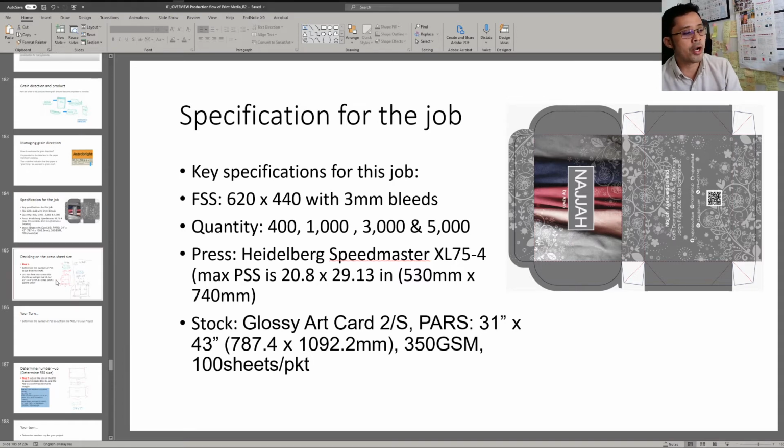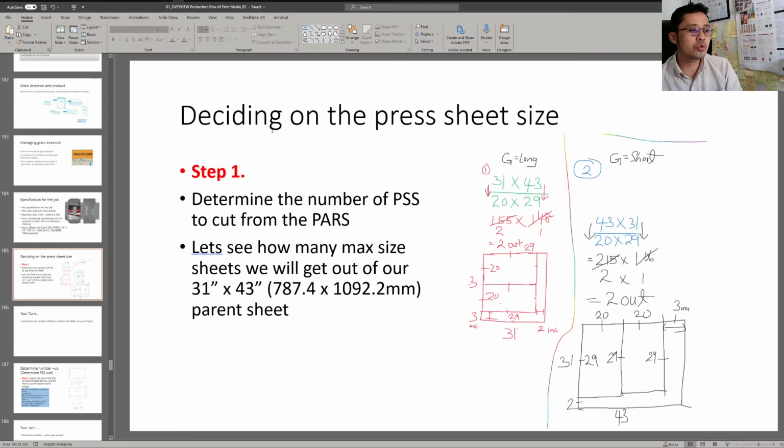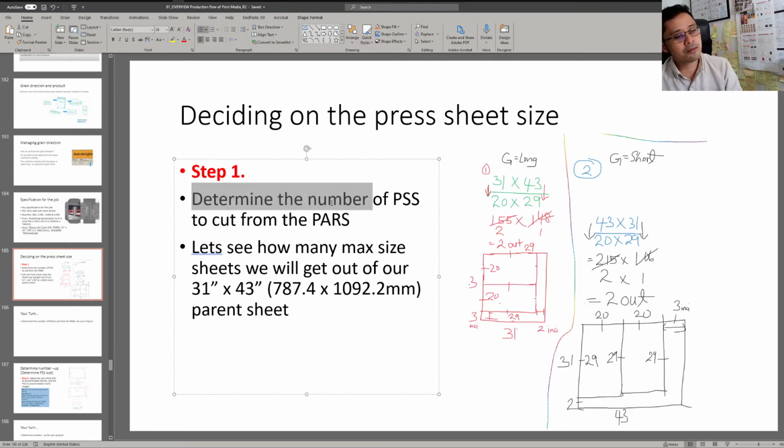Okay, so step 1. We're going to decide on the press sheet size. Kita nak decide press sheet size. So number 1, to determine the number of press sheets to cut from the parent sheet size.